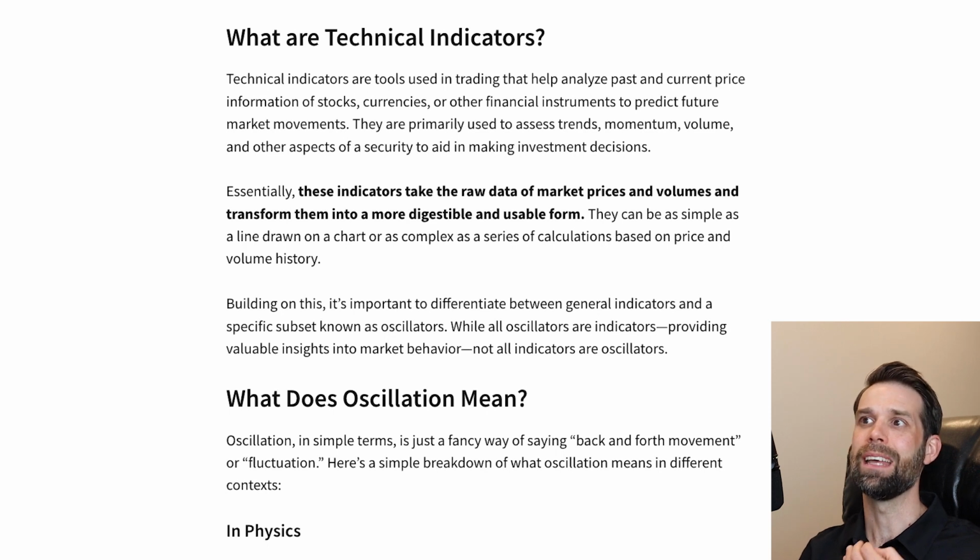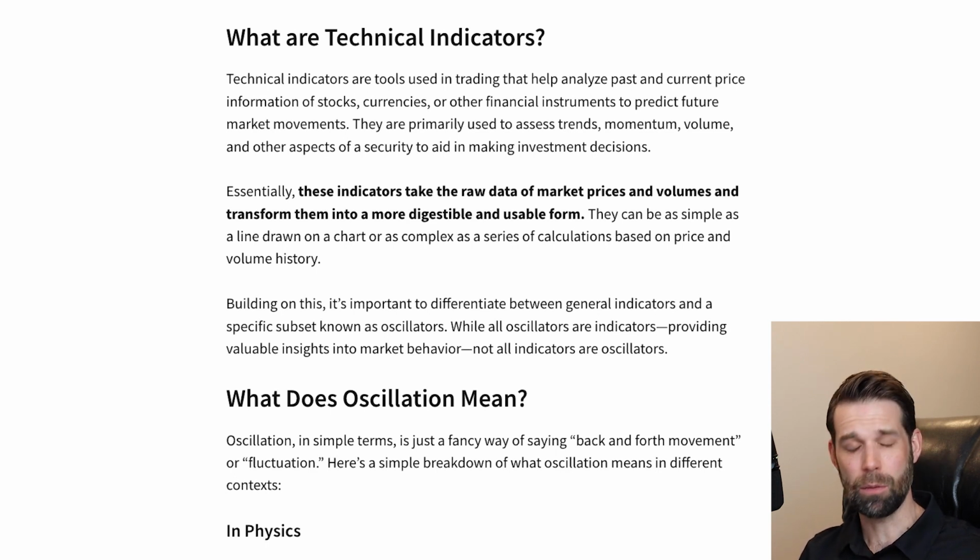Essentially, these indicators take the raw data of market prices and volumes and transform that data into a more digestible and usable form, something that you can see. There are all these data points and mathematical calculations, and then you can see these charts, lines, and range points on a chart to help you visually see what is happening with these different data points. That's going to let you make trading decisions.